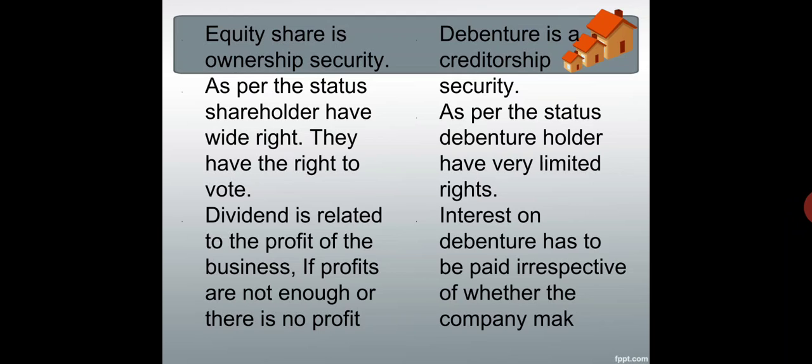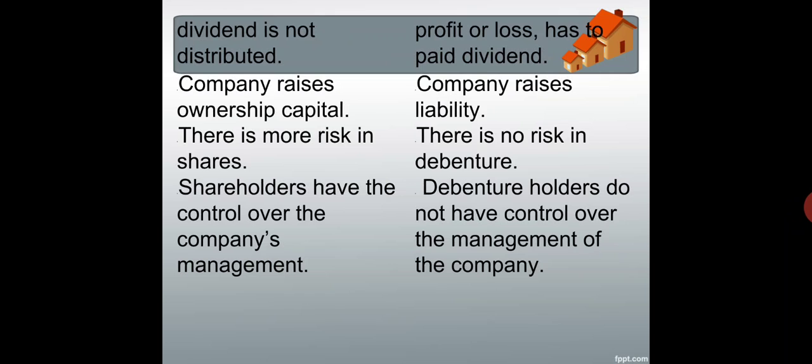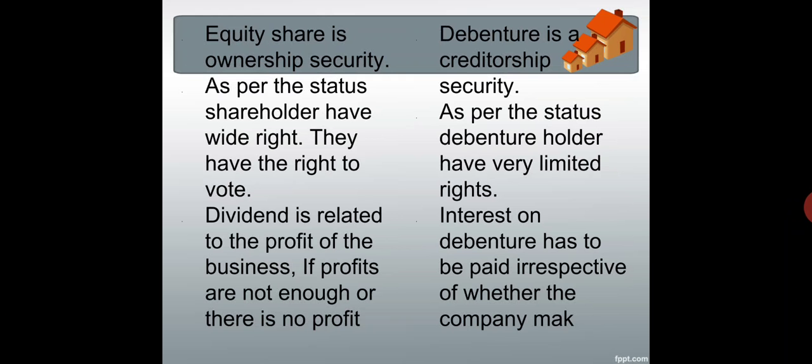Then the next one: dividend is related to the profit of the business. If profits are not enough or there is no profit, dividend is not distributed. As far as equity shares are concerned, the company does not have any liability to pay a compulsory dividend to shareholders.